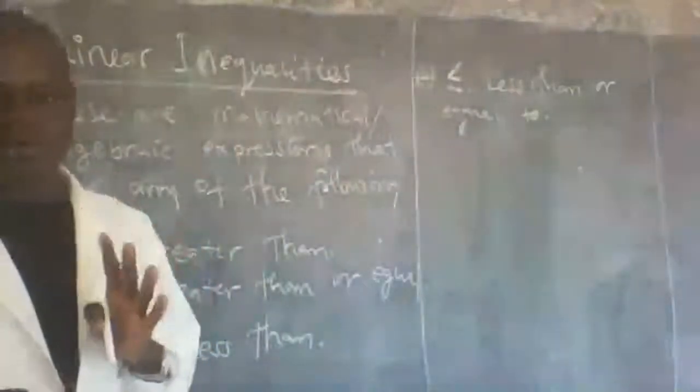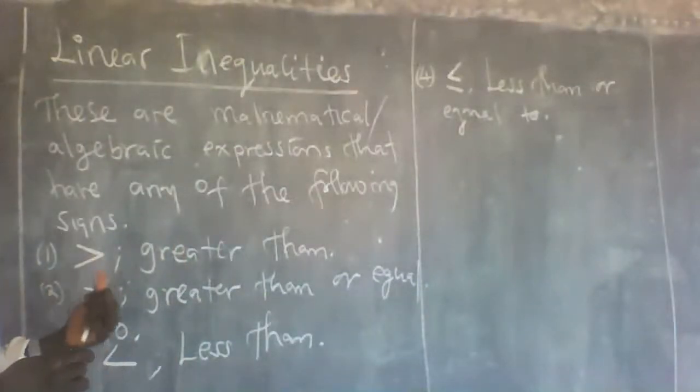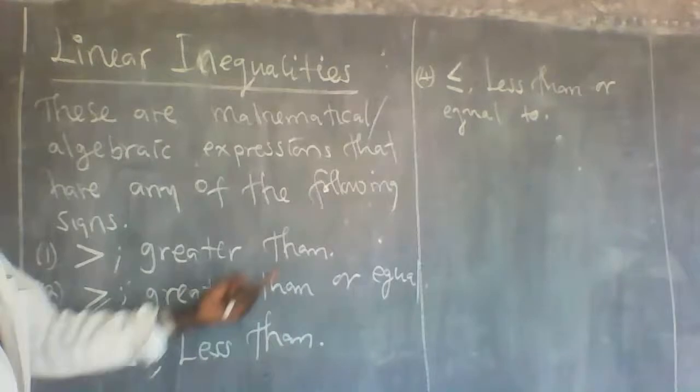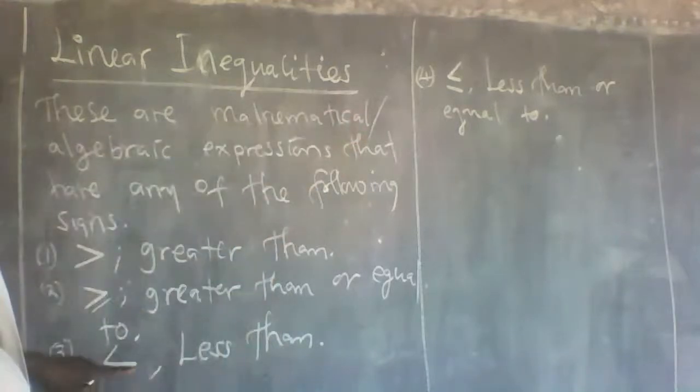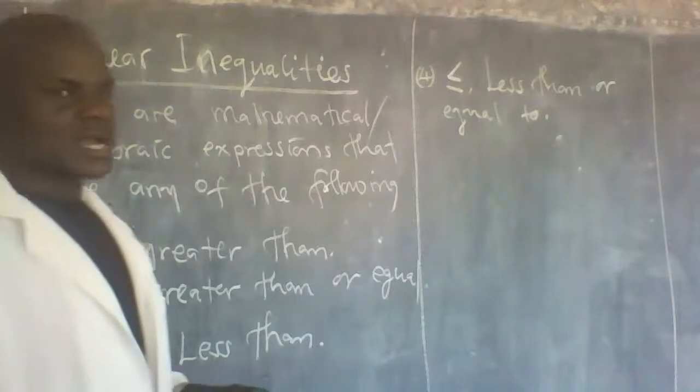So those are the four symbols that are very important in inequalities. Greater than, having another line drawn underneath it, is greater than or equal to. Less than, having a line drawn underneath it, is less than or equal to.